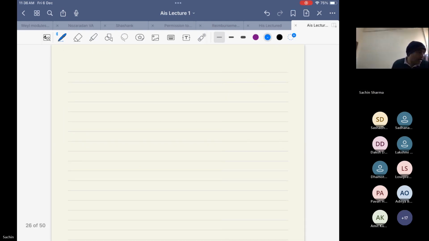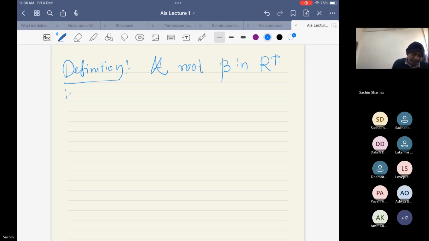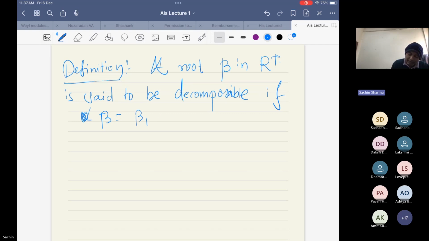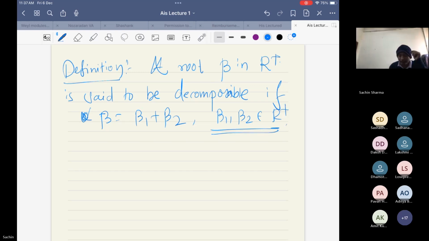Now, definition: a root beta in R plus is said to be decomposable if beta is equal to beta 1 plus beta 2, where beta 1 and beta 2 are in R plus.